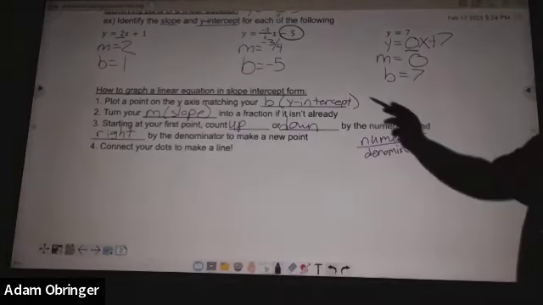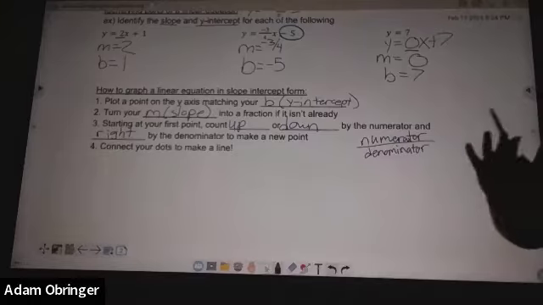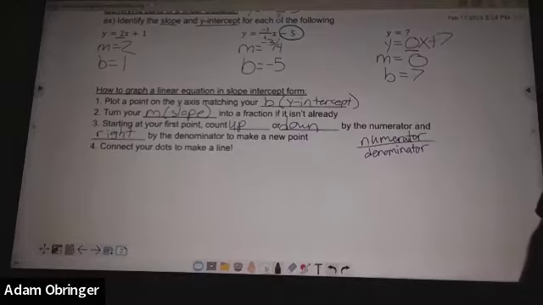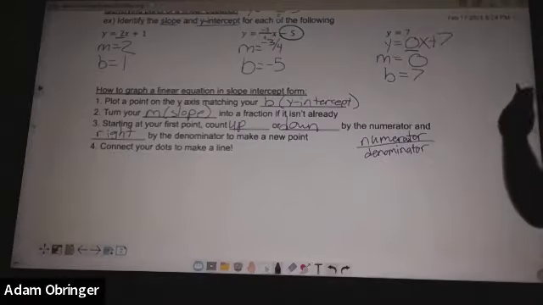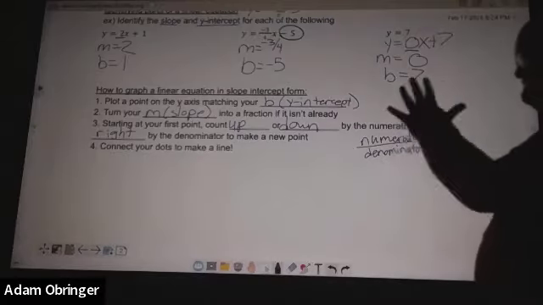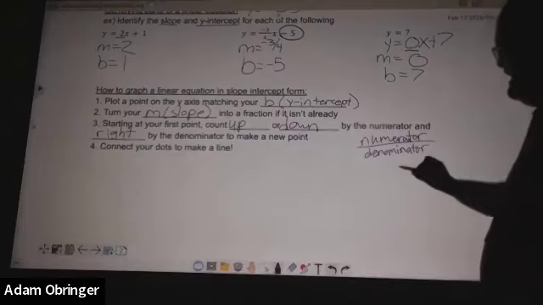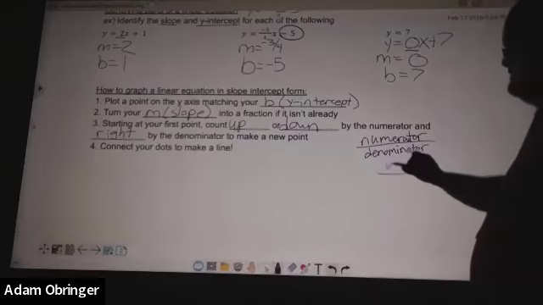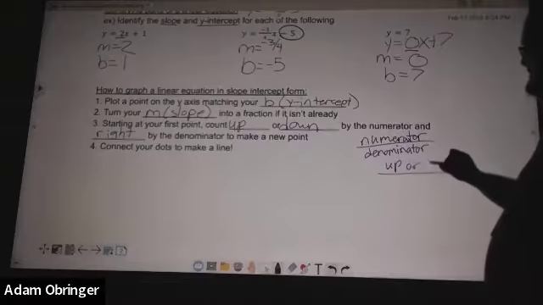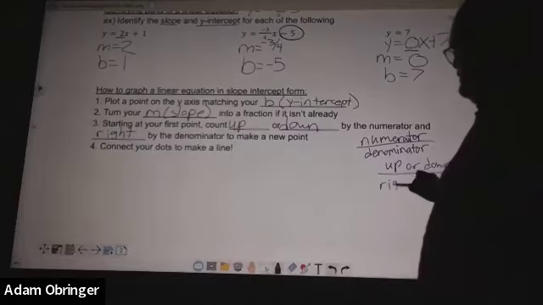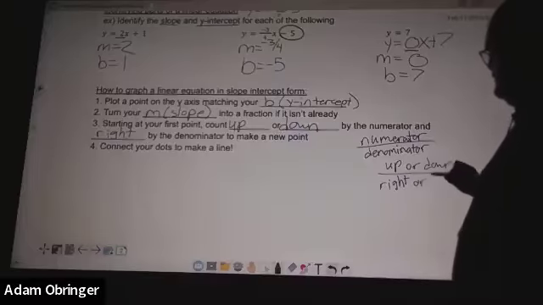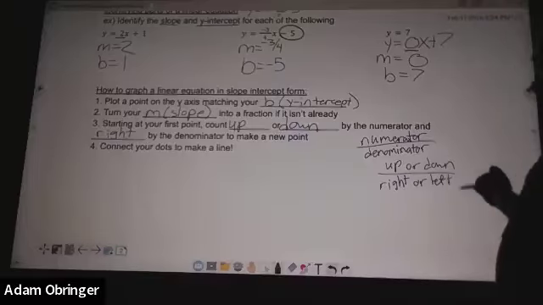The bottom number is going to have you moving right. Now, there is a circumstance where we're going to move left. Notice how I didn't include a space for going left. The version of this that's full is you're going to take the top number, go up or down. The bottom number, you're going to move right or left.